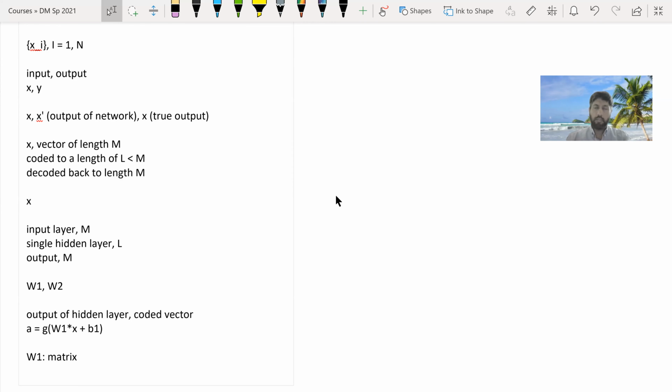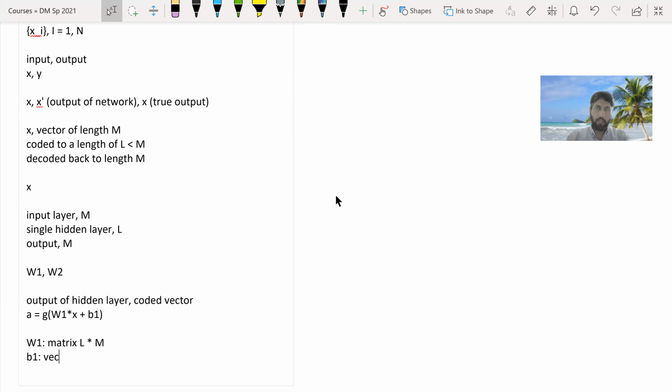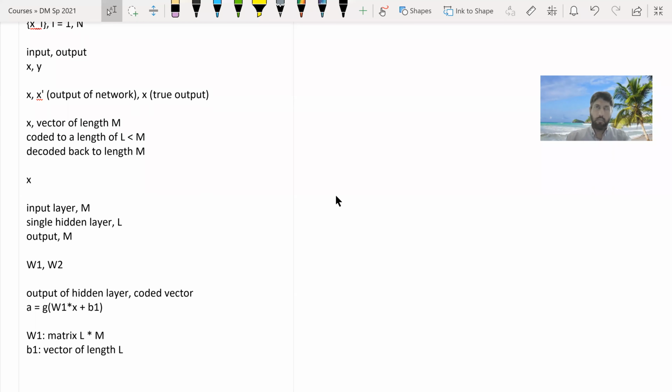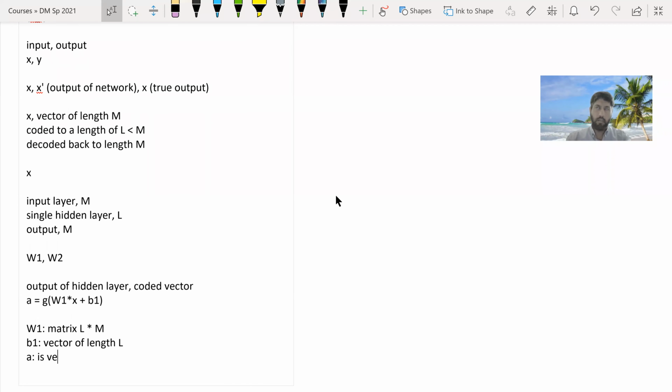Its size is the hidden layer size L by the input size m, because only then would this multiply with X to give you a vector of size L. And B1 is a vector of length L. So A is of length L as well. So A is thus the encoding or coded version of X.